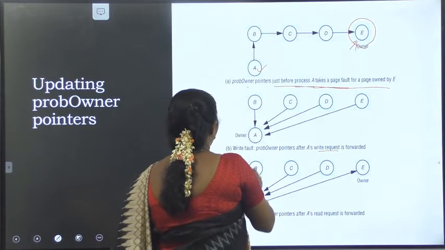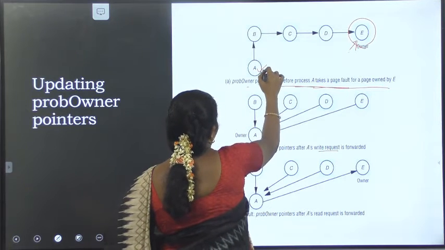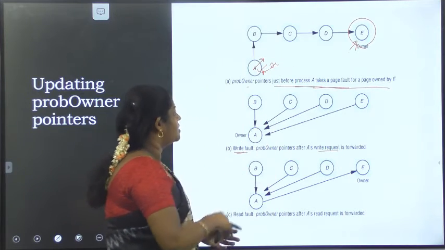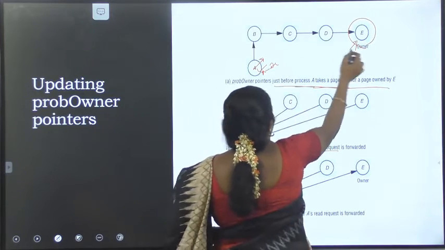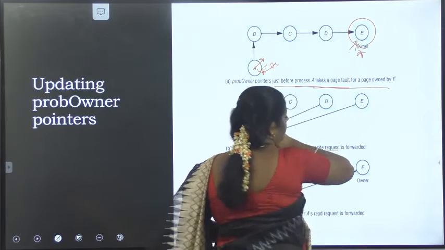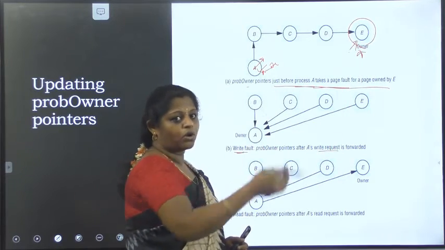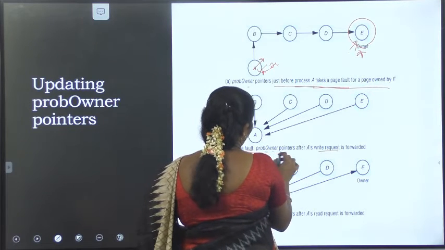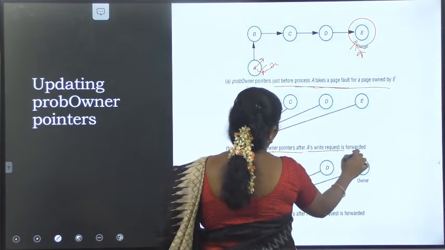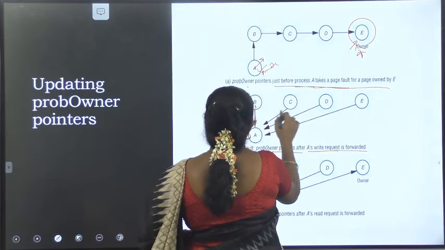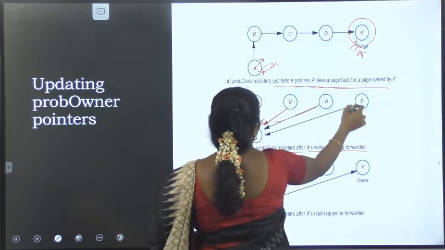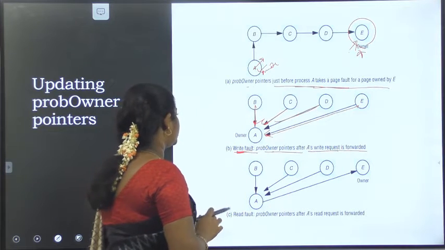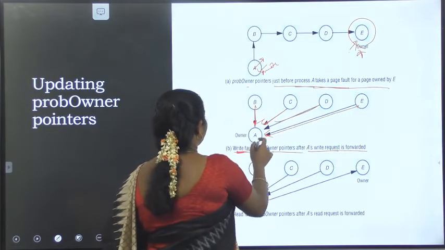Then after that, this is going to be a write update. This process is requesting a write on the particular page. Before that, E is the owner of the page. After the write fault occurs, A's write request is forwarded through all the processes in between. Now A becomes the owner.